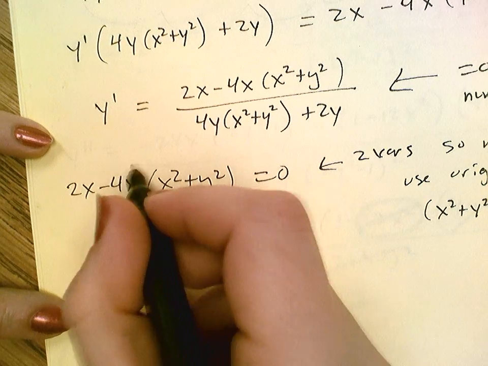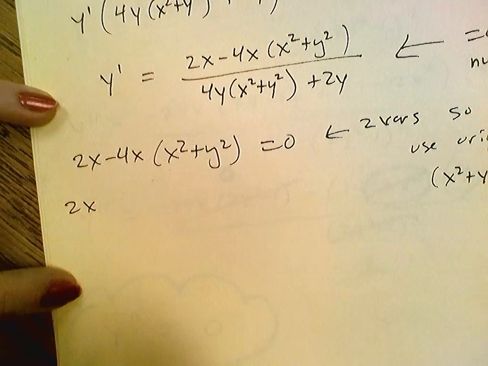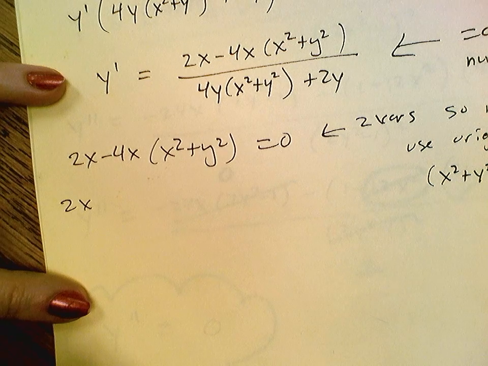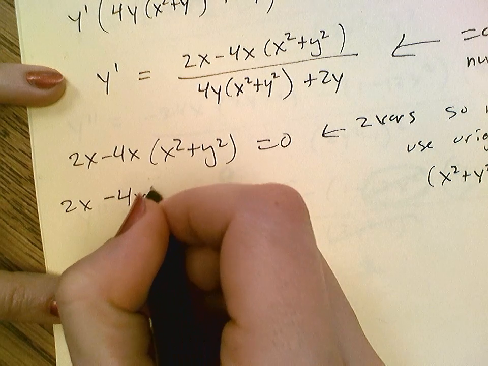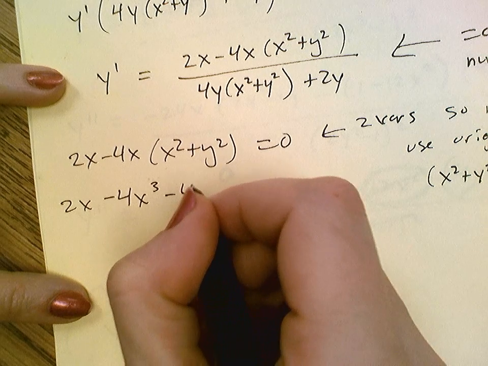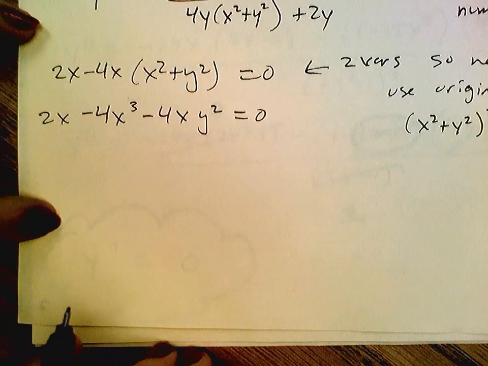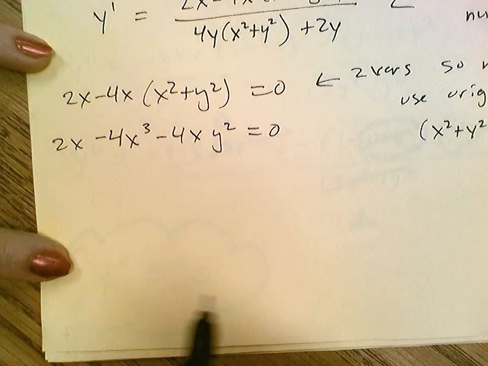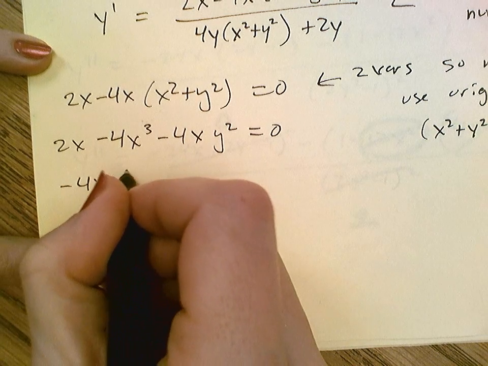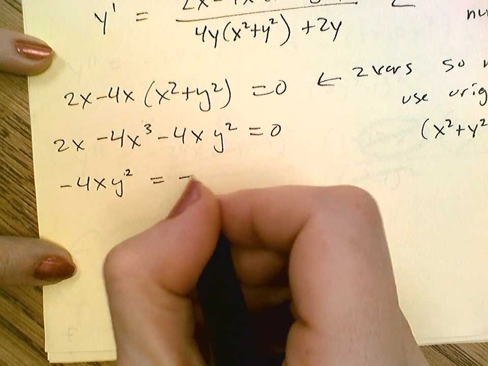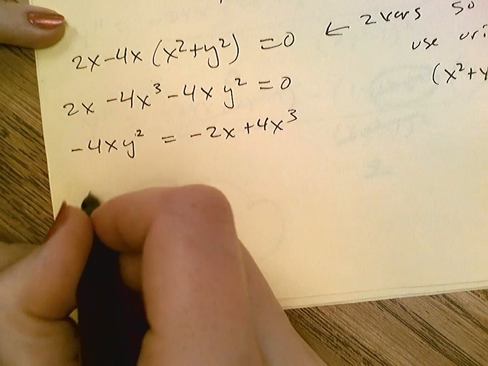All right, let me distribute the 4x. So this is 2x minus 4x cubed minus 4xy squared equals 0. Okay, so let me solve for y.